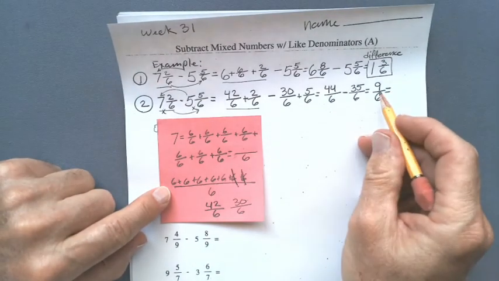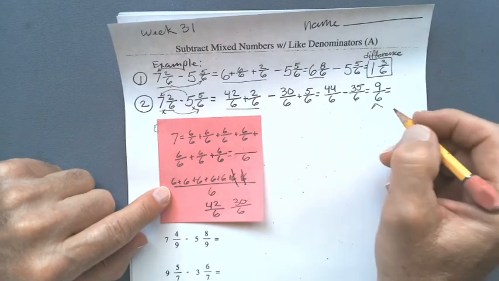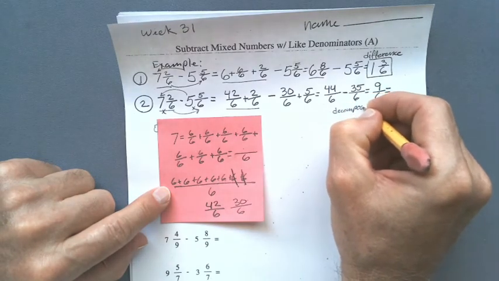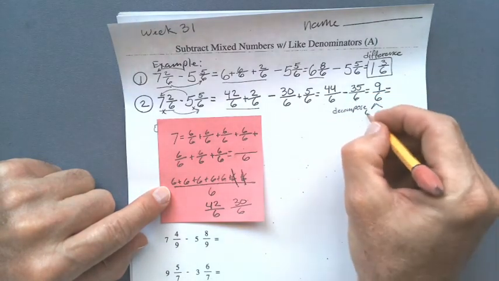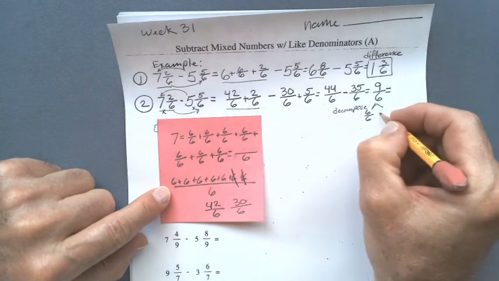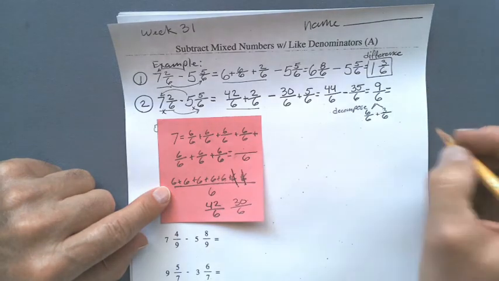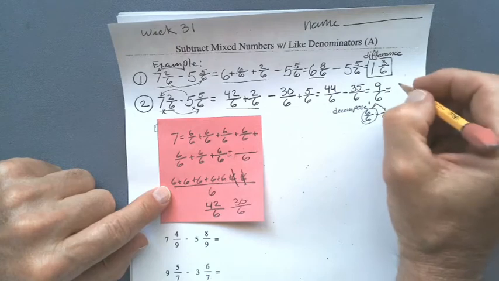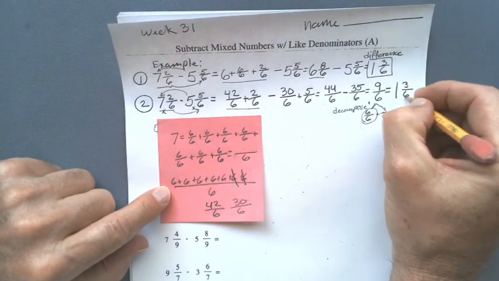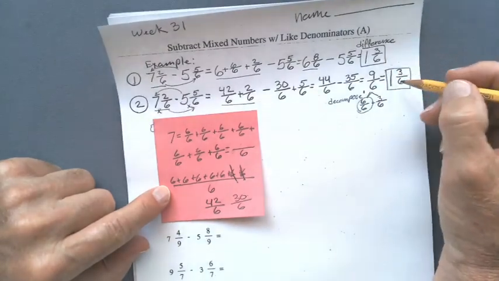Now 9/6, if we break this down, or what they call decomposing, if we decompose this, we have a whole number again, because this is a very small improper fraction, and we have a proper fraction. So this one becomes 1, and 3/6. Oh my goodness, look at that. It's exactly the same amount.